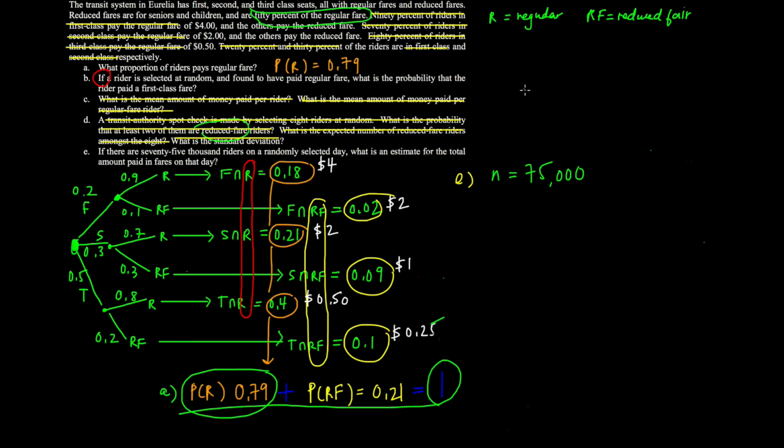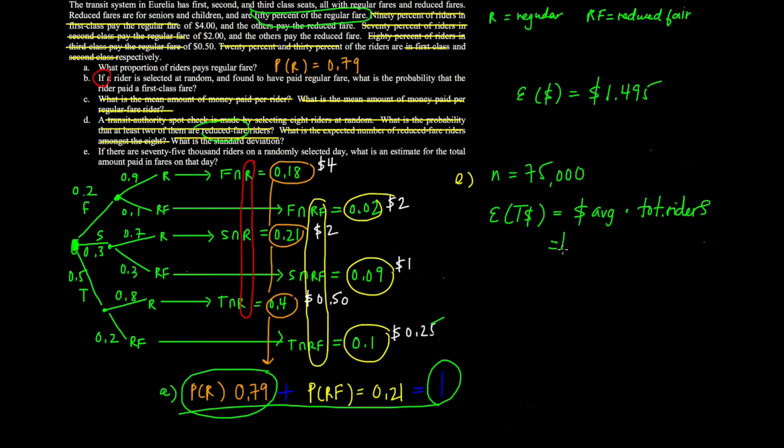One, you know that the expected amount paid per rider is equal to 1.495, right? So for those of you that are a little bit more comfortable with the theory, you know that the expected total fare would equal the average amount paid multiplied by the total riders within a given day, right?